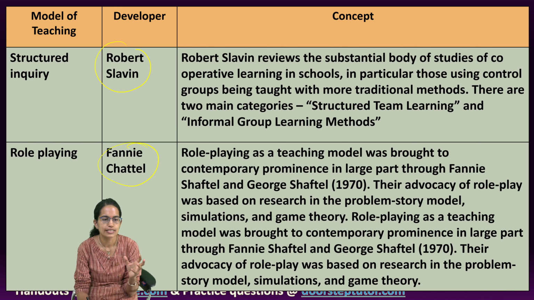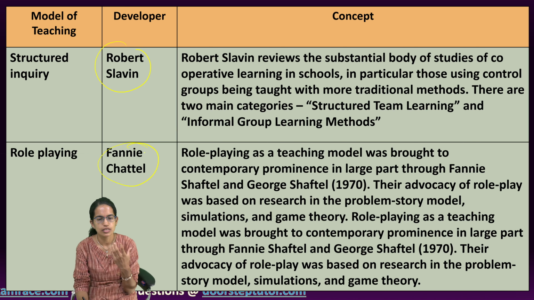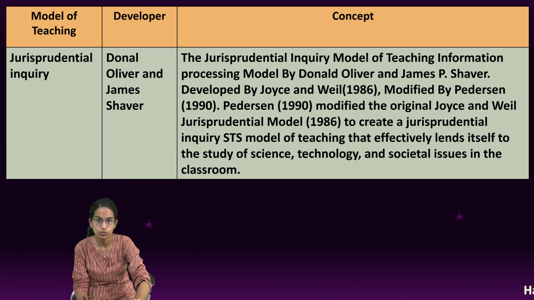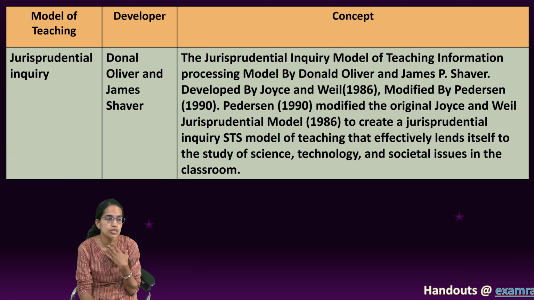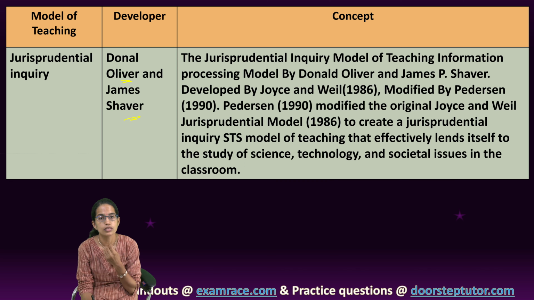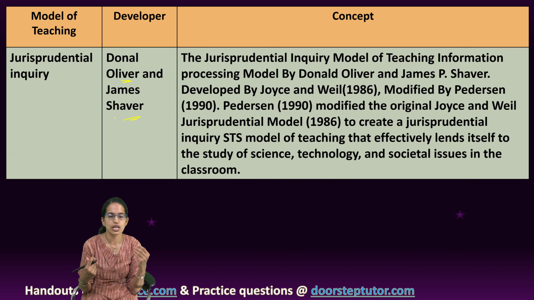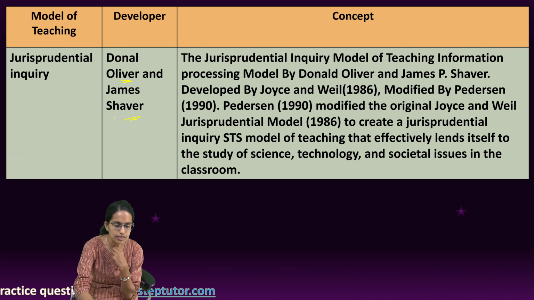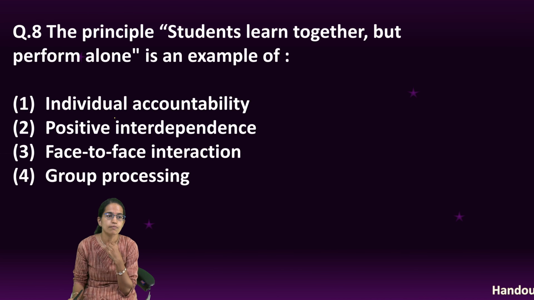Role playing by Shaftel. Here the teaching model says that the person plays the role, and this is extensively used in game theories. The jurisprudential inquiry model given by Oliver and Shaver. This model talks about the concept of legal aspect, the study of science, technology, and social issues, and how effective this teaching can be for them.